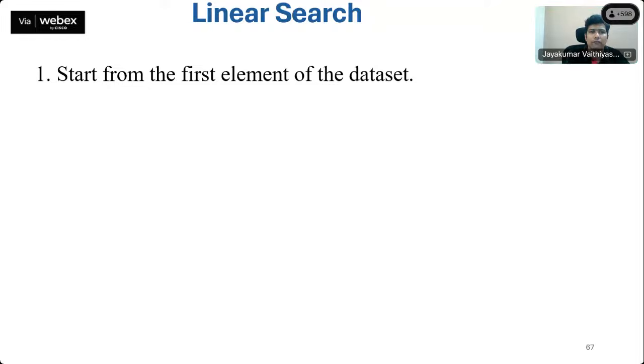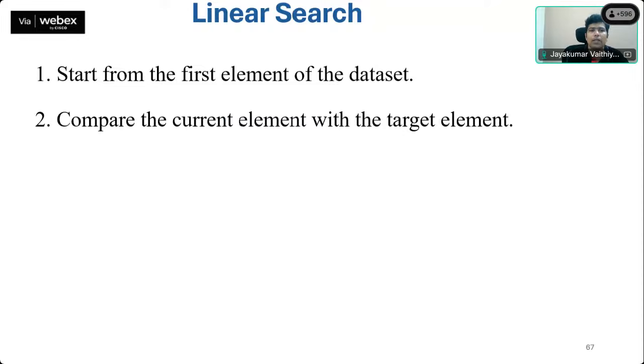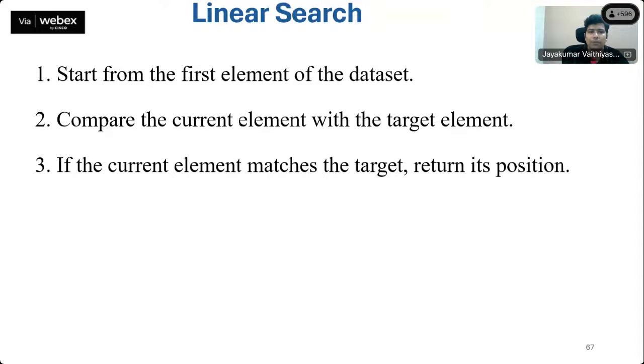Okay, so it will start from the first element of the data set. The next step, it will compare the current element with the target element. Step 3, if the current element matches the target, it will return its position. What is important in this algorithm is to know where it is located.